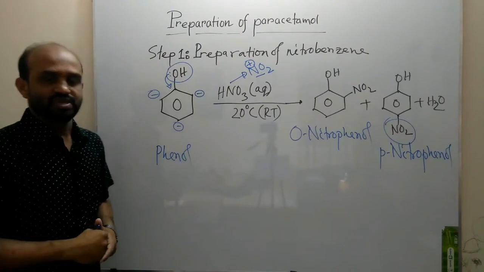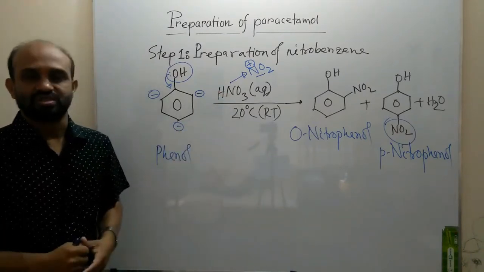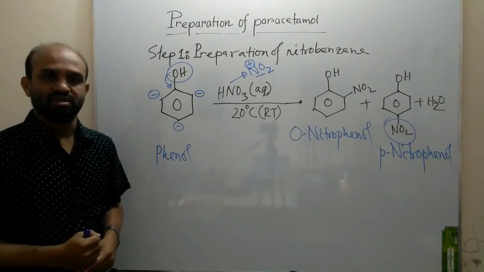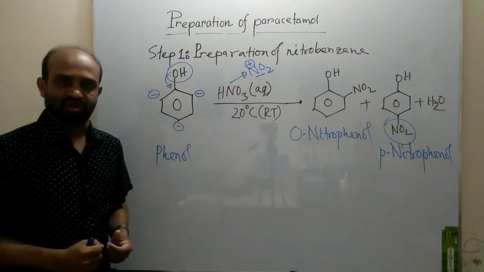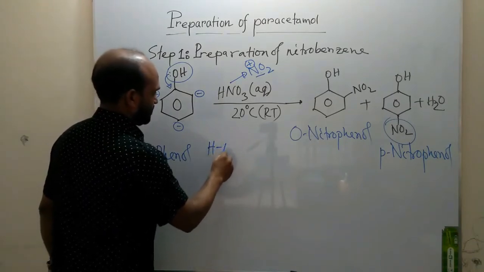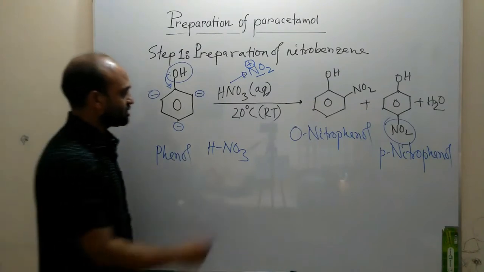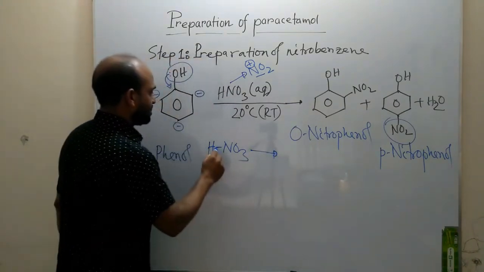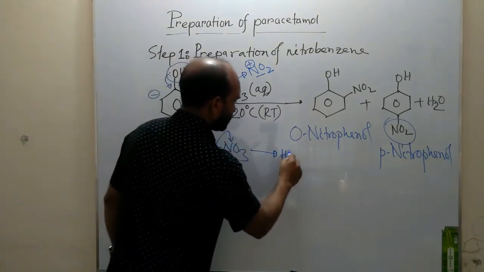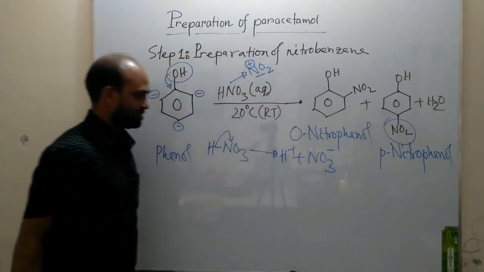Now the question may arise that how this aqueous nitric acid is producing nitro group as electrophile. Now let's see. This is nitric acid which is aqueous. Here proton is formed and nitrate ion is formed.